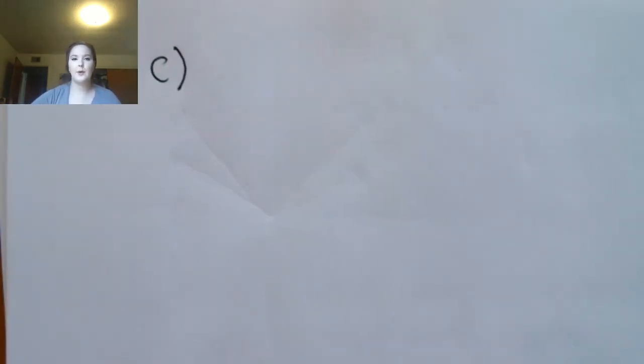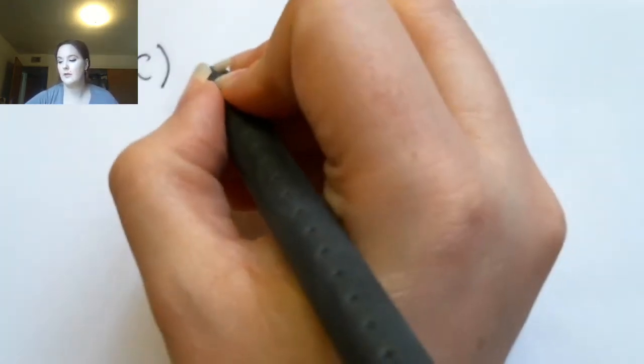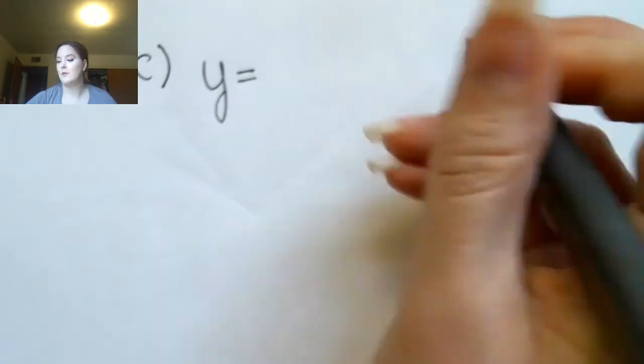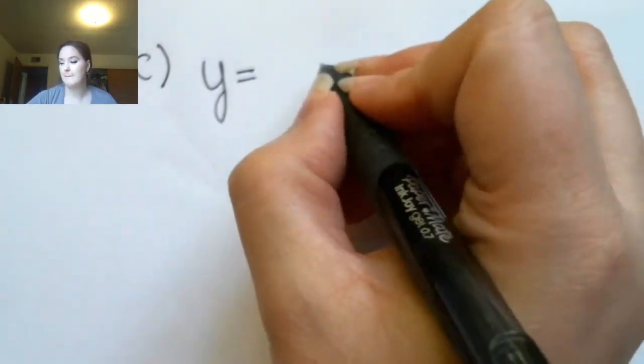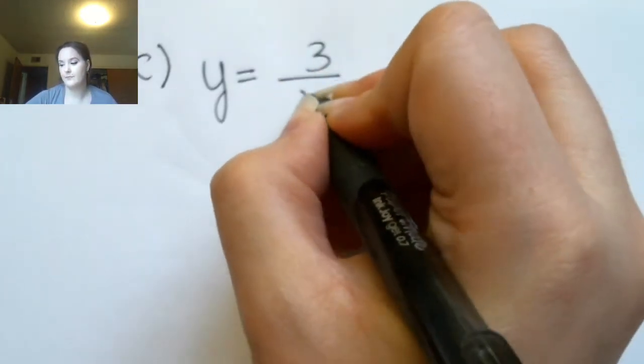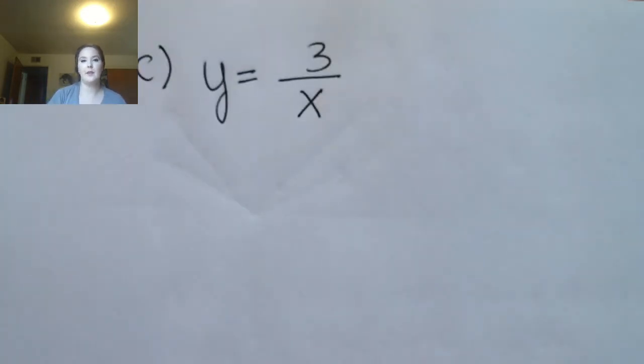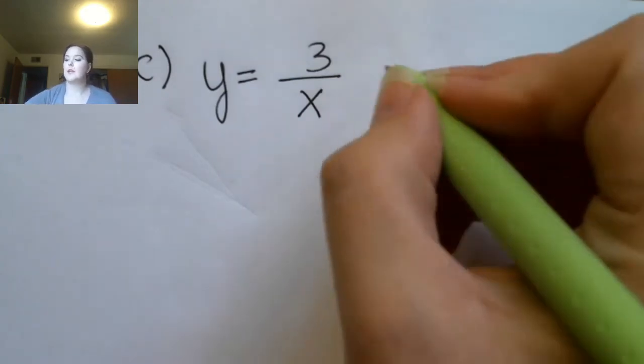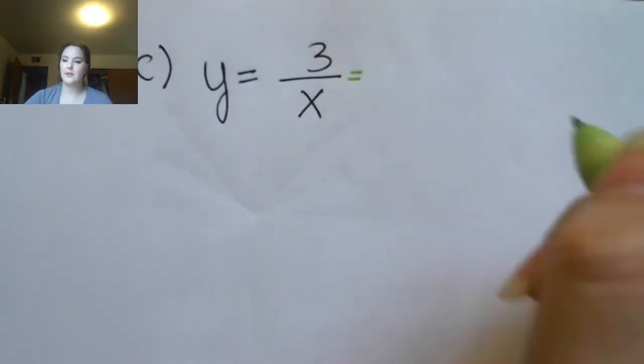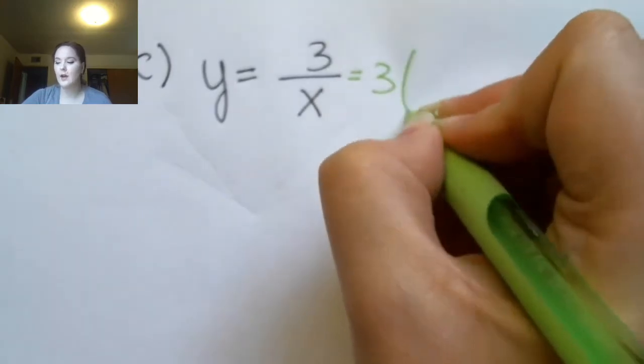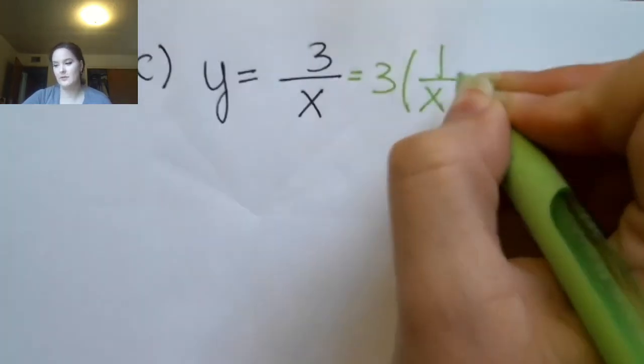So I want to do probably the most complicated examples. The way that I want to think about this is as 3 times 1 over x.